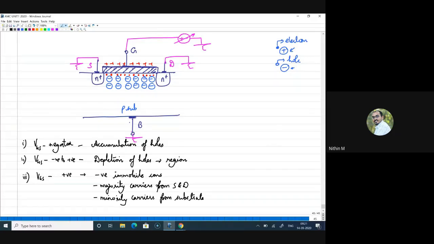Those terminals are separated through the p substrate, and here we have electrons, here also electrons. So if electrons have to flow from this n plus to this n plus, there should be some conductive channel, but that is not there. What we have in between initially was a p substrate. The p substrate will definitely offer some resistance, so there is no current flow.